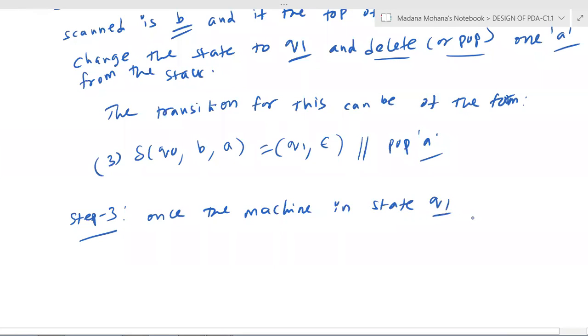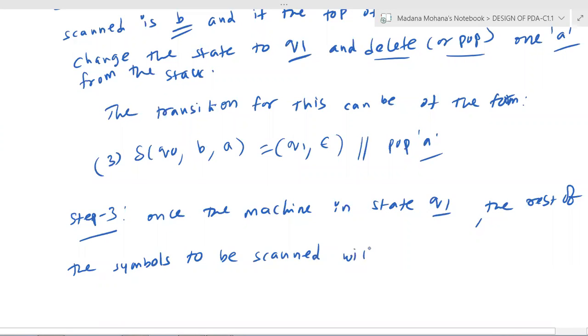Once the machine is in state Q1, the rest of the symbols to be scanned will be only these.